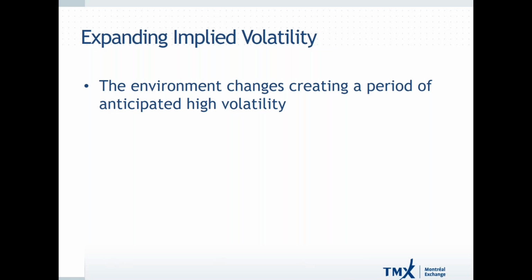But what happens is that as market conditions change, and as new information is released or considered, we may enter into a period of anticipated high volatility. So in other words, for lack of a better example, let's say there's some major geopolitical event, or something very significant that catches the market off guard.